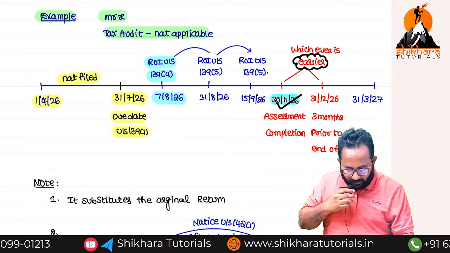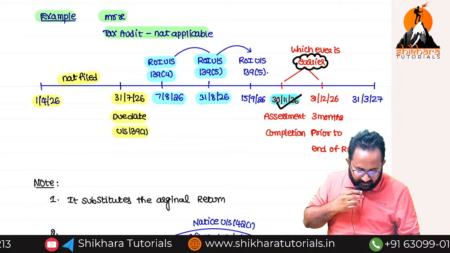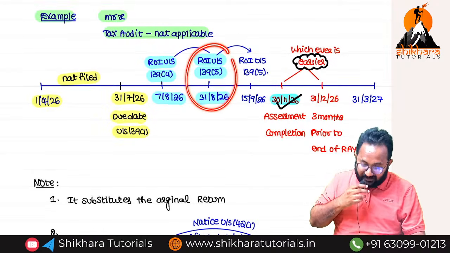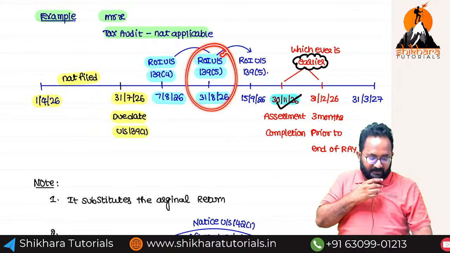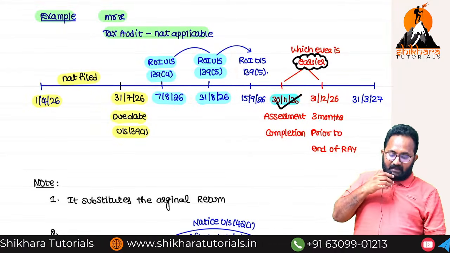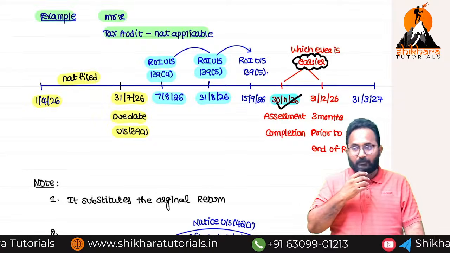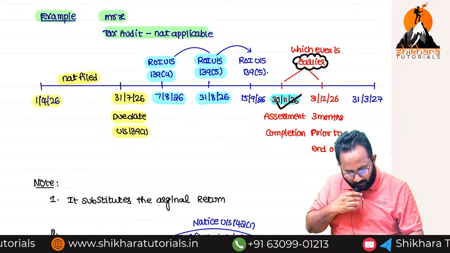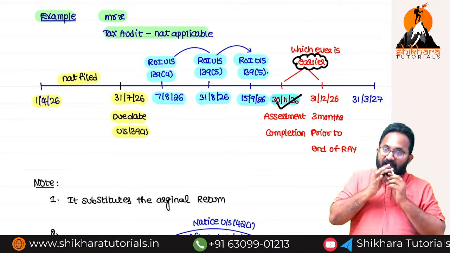That return only now we revised under 139(5). After filing this revised return, we identified some mistake. Can I revise? Yes, you can revise, but within the time limit. What is the time limit? 30th November 2026, before. So that's why this also you can revise. Sir, how many times can I revise?